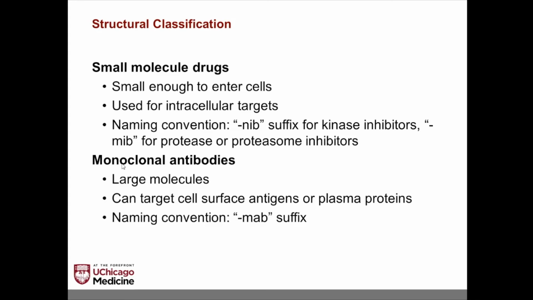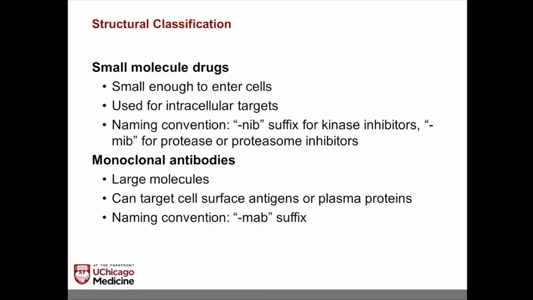So typically, if you're talking about small molecule drugs, the name will end with the suffix nib, or mib for proteasome or protease inhibitors, as opposed to a mab like infliximab, a drug that would be an engineered larger protein monoclonal antibody.